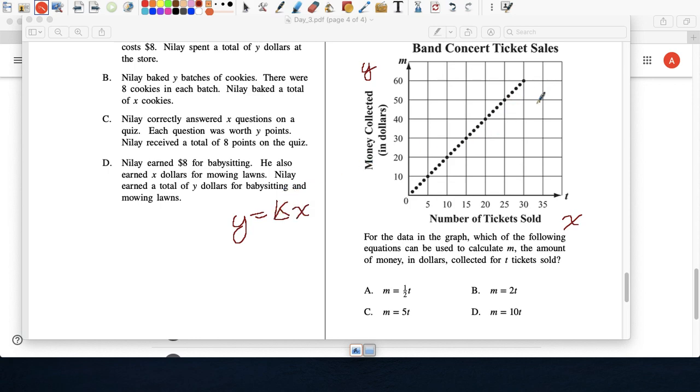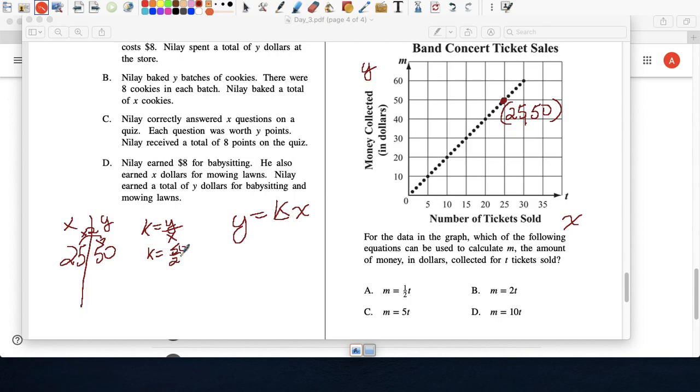Let's pick this point right here. This point is 25, 50, so this is my x value, my y value. Remember k equals y over x. How do I go from x to y? It's times 2.